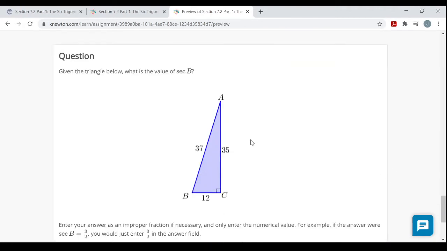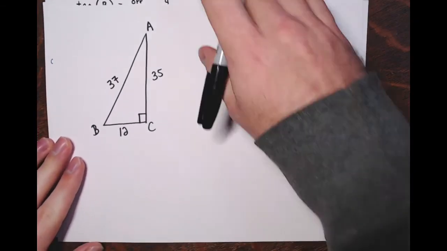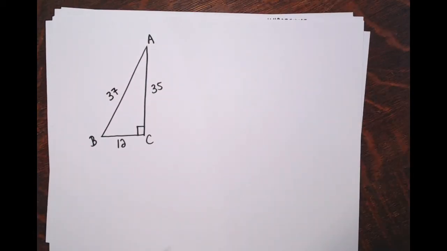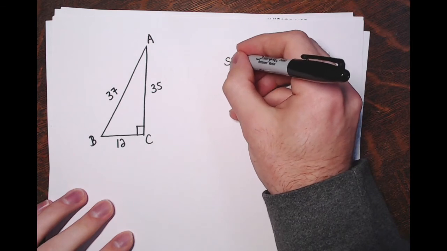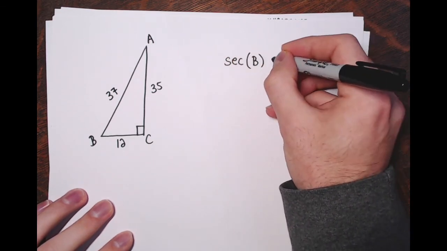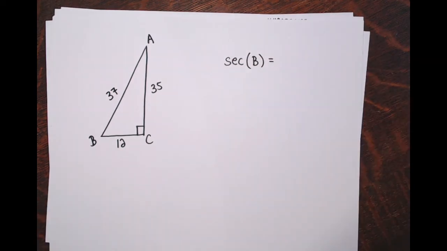All right, now here, this is one where the three side lengths are already given, so that makes it a lot easier, and it's a right triangle. Okay, so I drew that again, the same picture they had there. And they asked us for the secant, SEC. What's the secant of angle B? All right.